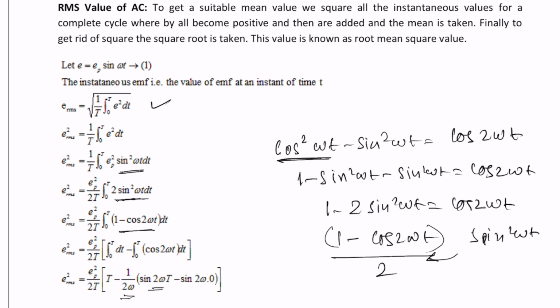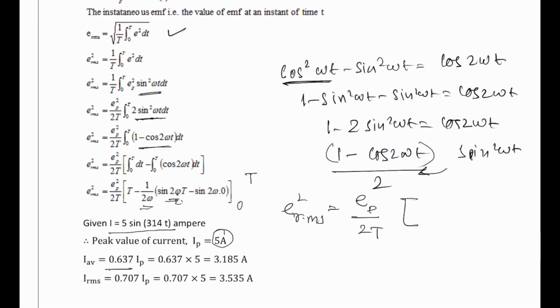Okay, so this comes out once we put the limit here, 0 to T. Now what will happen? E_RMS square equals E_P square by 2T. If you put T here, omega is 2 pi by T and the upper limit is T, so it is sine 2 pi.